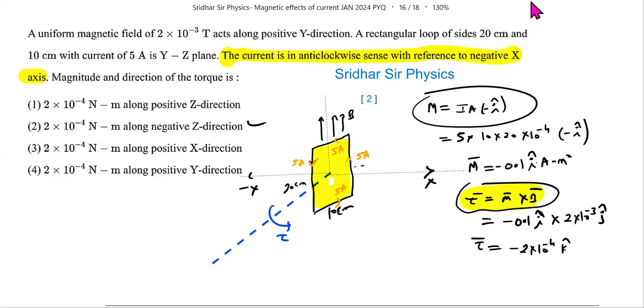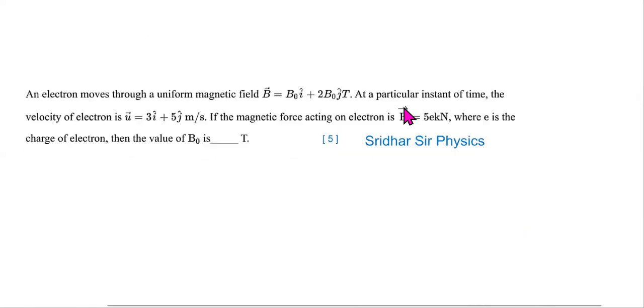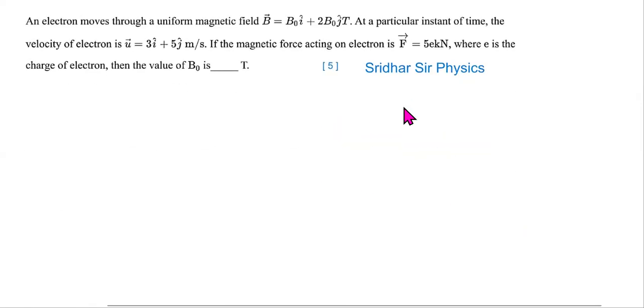Okay, fine. We will take the second problem. An electron moves through a uniform magnetic field. At a particular instant of time, the velocity of the electron is given. The magnetic force on the electron is given, and we are asked the value of B naught. So the formula we'll be using is F equal to q v bar cross B bar.